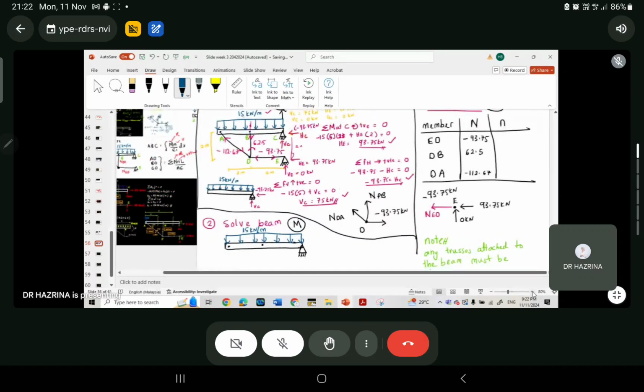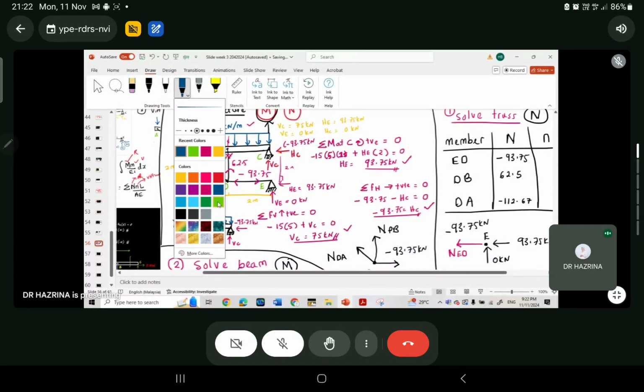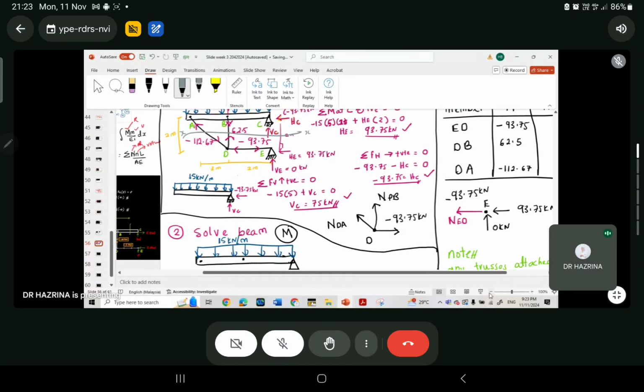I will draw here. So sebab kita nak kira moment dekat beam, maksudnya you kena first kali bila nak kira moment, you draw balik beam tu and then you kena cut macam ni. Cut macam tu.